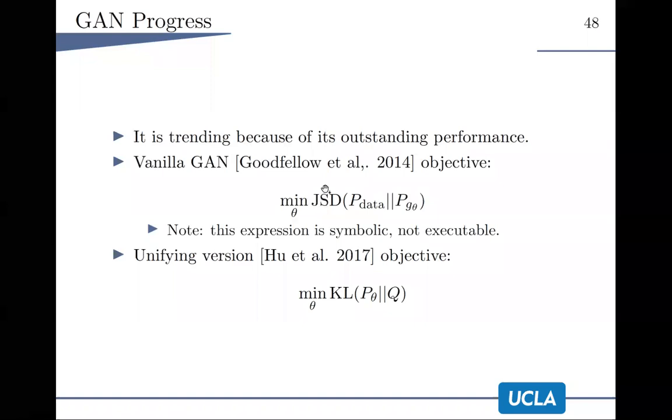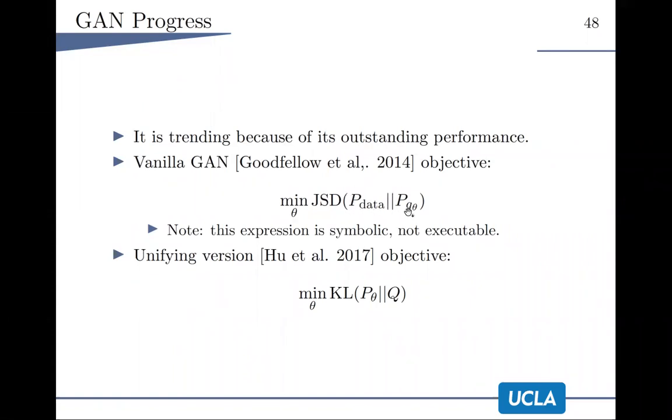And it's like the JSD, the JS divergence that we've talked about previously, between the data and the generator generated results. But note that this expression is just symbolic. It's not executable. We can't just compute this directly.